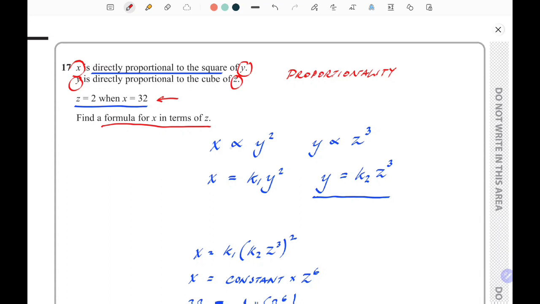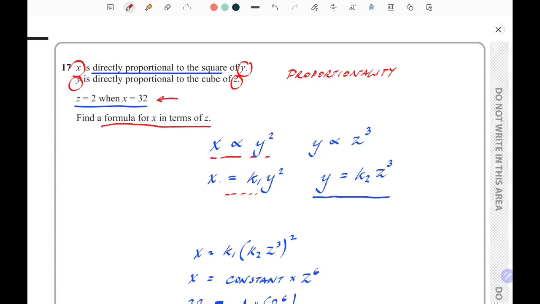So what we're going to do, x is proportional to y squared. You remember in the earlier question with sketching the graphs, you can replace the proportionality sign with equals k times whatever you have.